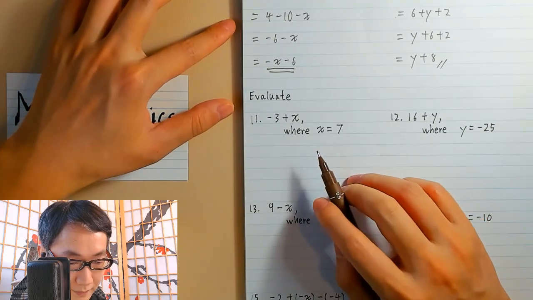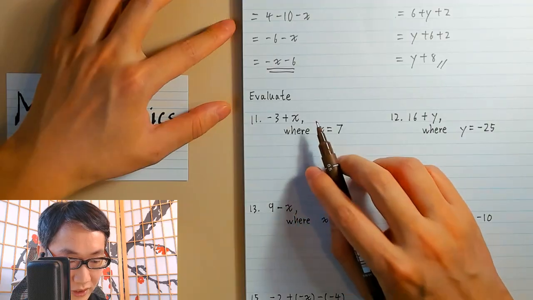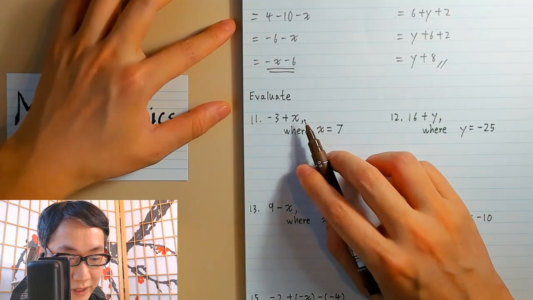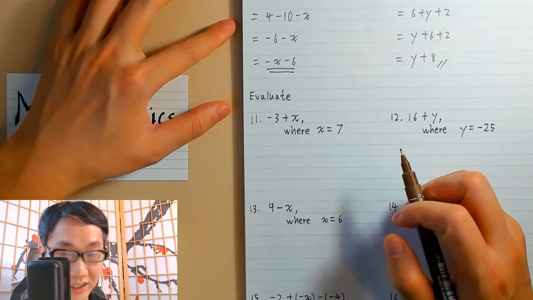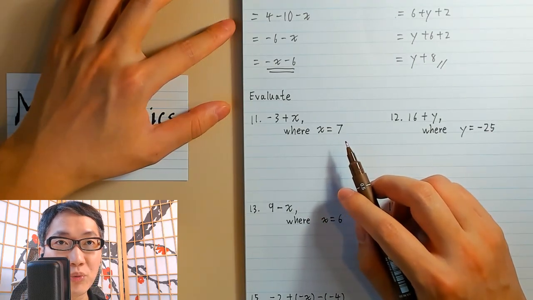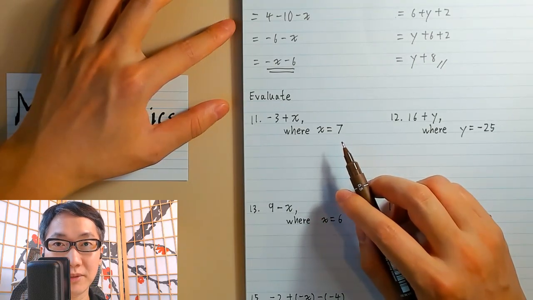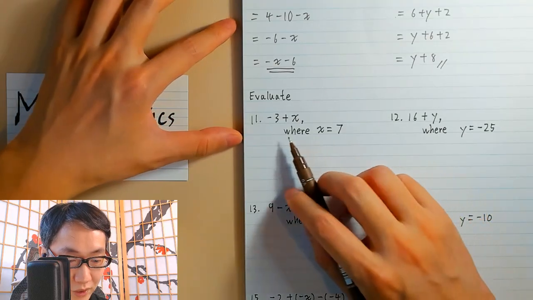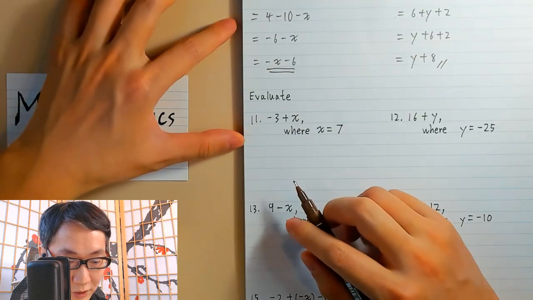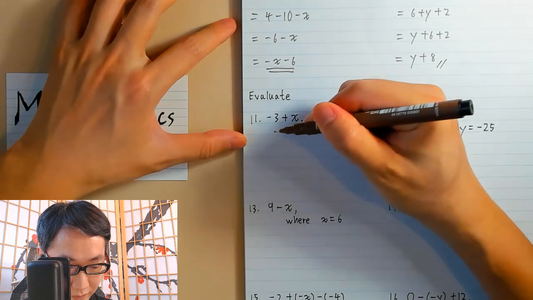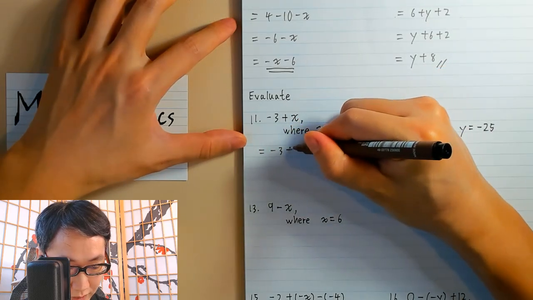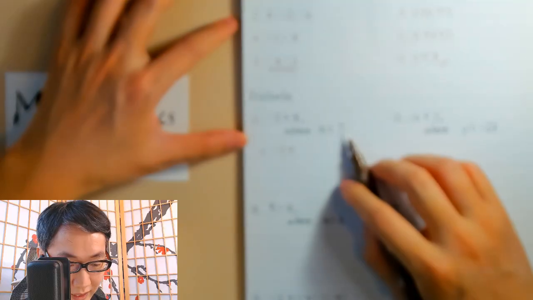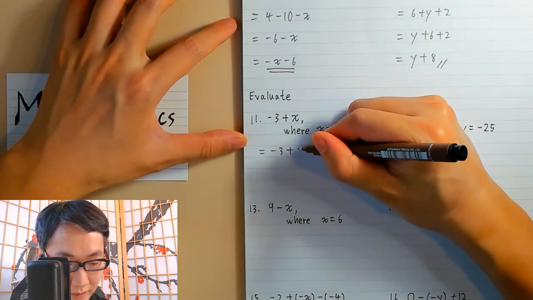And so this one, something we have to evaluate. We have to substitute the value of x into the expression. So in general, we simplify first, and then we substitute. So this one is already simplified. So then we have 3 plus substituting x as positive 7.